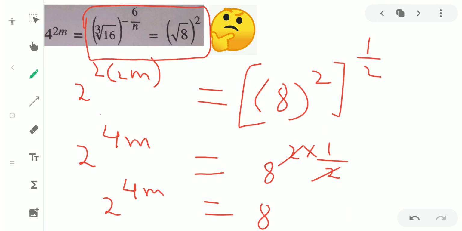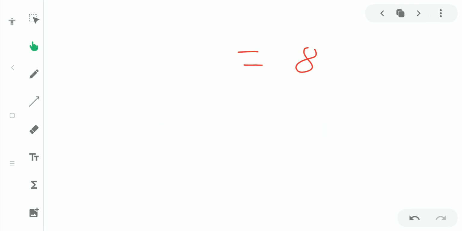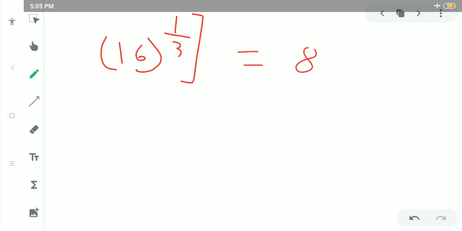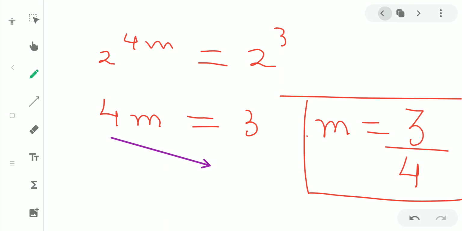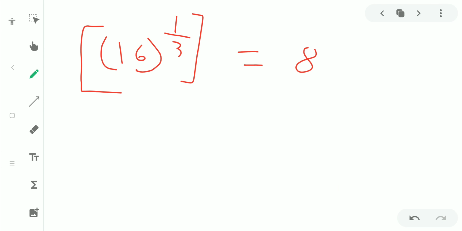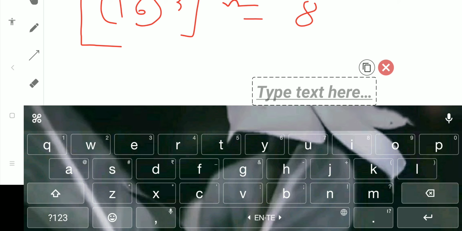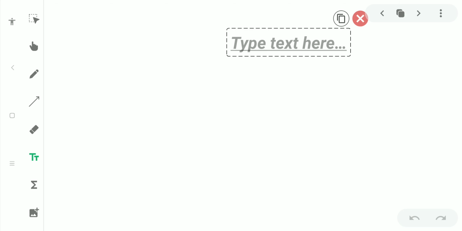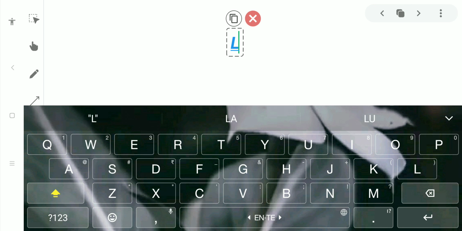What is the value of this one? That is cube root of 16 power minus 6 by n. Cube root of 16 is nothing but 16 whole power 1 by 3, whole power minus 6 by n. So now let us consider only LHS.